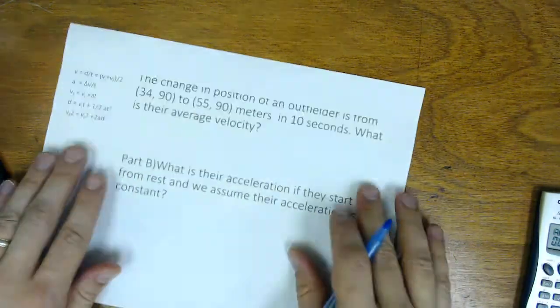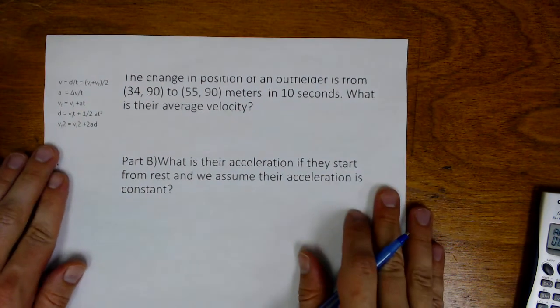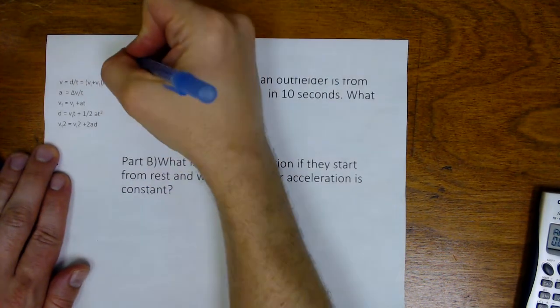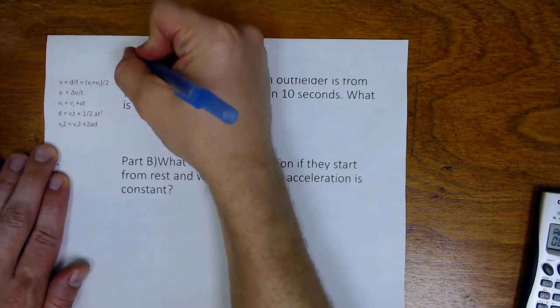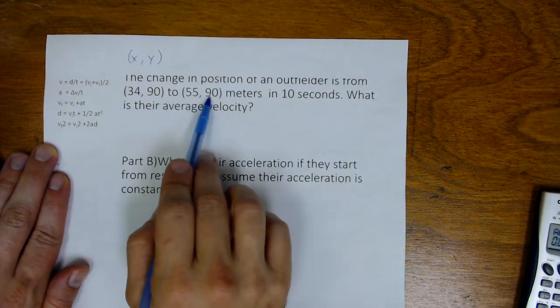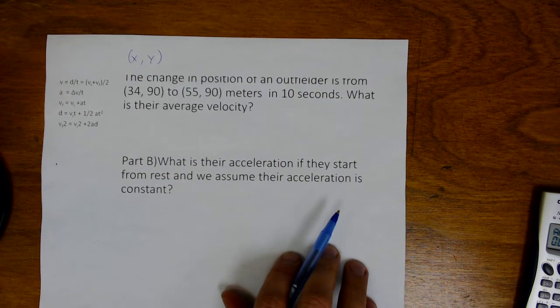The last problem is here, and this is the change in position of an outfielder from 34, 90, which would be in x and y coordinates, to 55, 90 meters in 10 seconds. What is their average velocity?